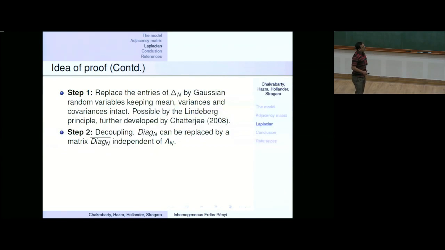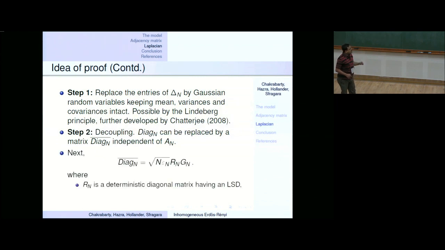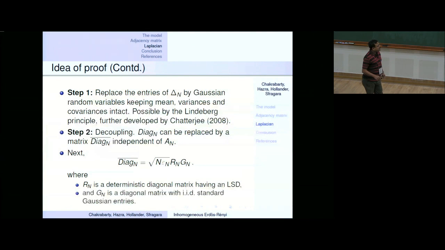So once you grant these two steps, it's easy to see how that limiting spectral distribution comes up. A slight bookkeeping will reveal that diagonal n essentially is like square root of n times epsilon n, Rn times Gn, where Gn is a diagonal matrix with IID standard Gaussian entries, and Rn is a deterministic diagonal matrix having a particular LSD.